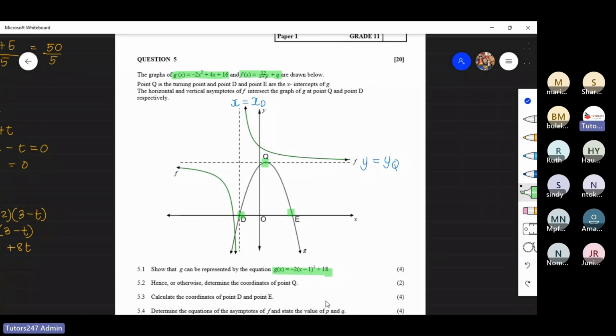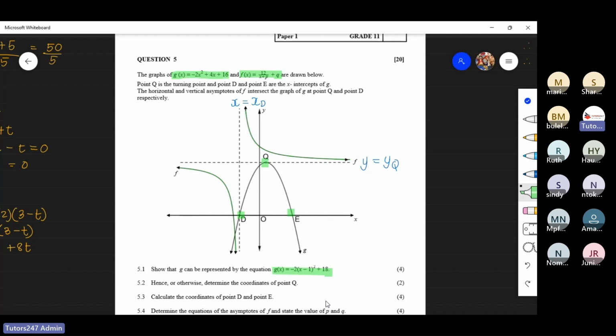Now, we need to show that g can be represented by that equation. But if you look at the equation given in the top paragraph, it states that g is equal to -2x squared plus 4x plus 6. So how do we go from that standard form to our turning point form? Because you can see that the equation in 5.1 is your turning point equation.